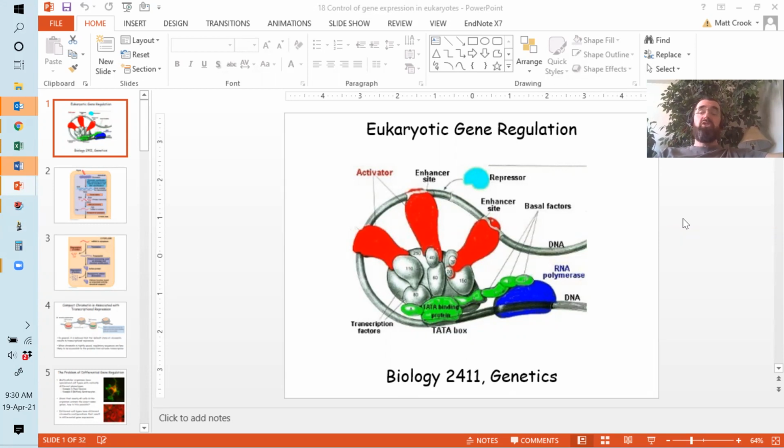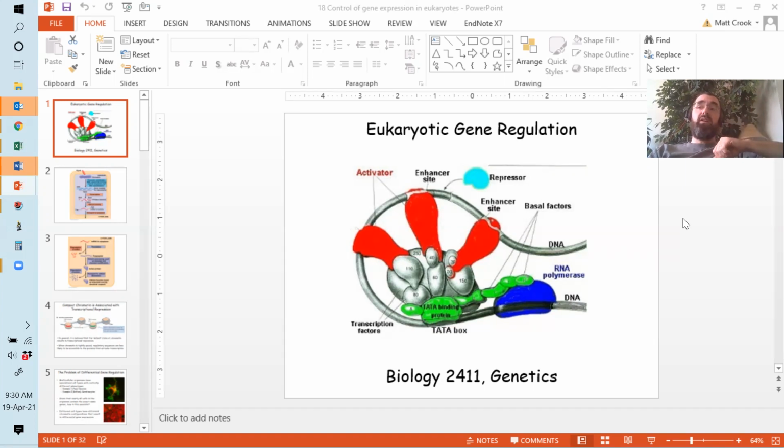The promoters in the gene, that's for the control of transcription. And the control of translation, think back to how the small subunit assembles on the mRNA. We need cap binding proteins, and we need poly A binding proteins to help that process, right?